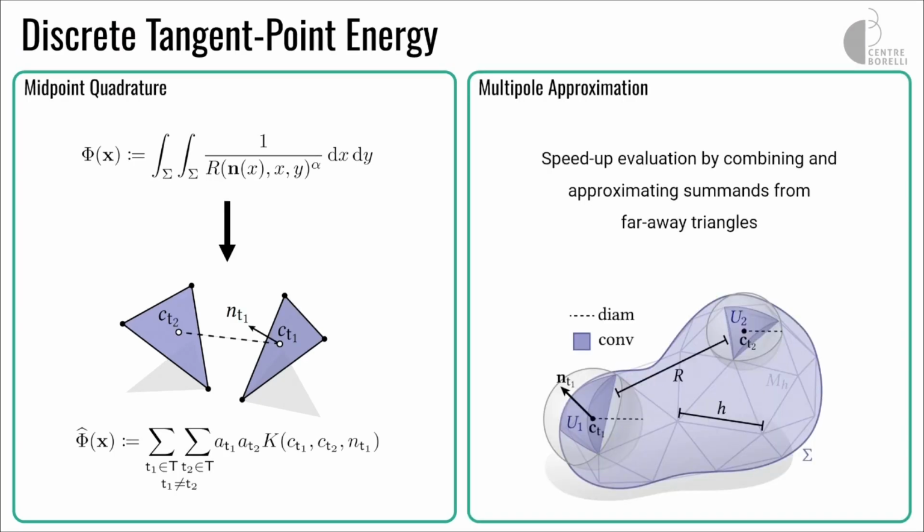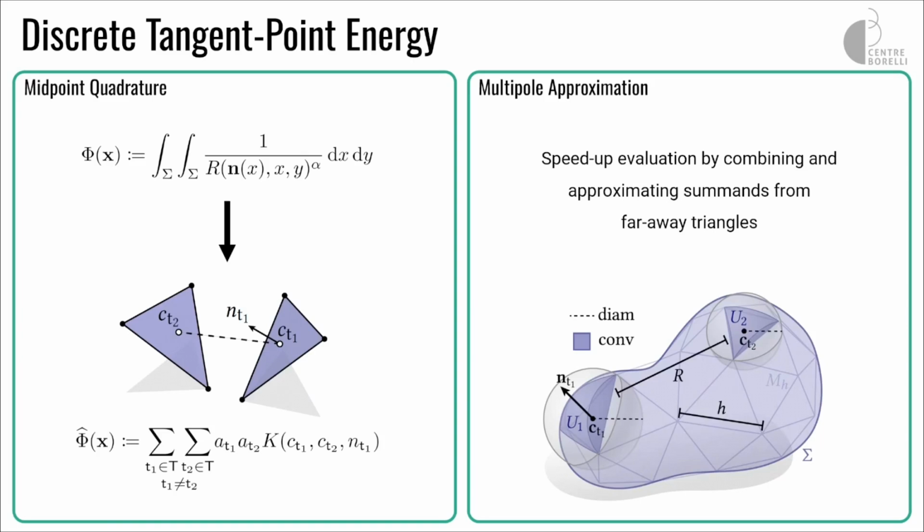And what we do here is a multipole approximation, which is basically a realization that you can speed up computing the energy, because there are a lot of pairs that actually don't matter. If a triangle pair is very far away in ambient space, the energy contribution will be negligible. Which goes back to what you just mentioned, John. There are contributions that you don't see at all, and actually we even ignore them in the optimization.